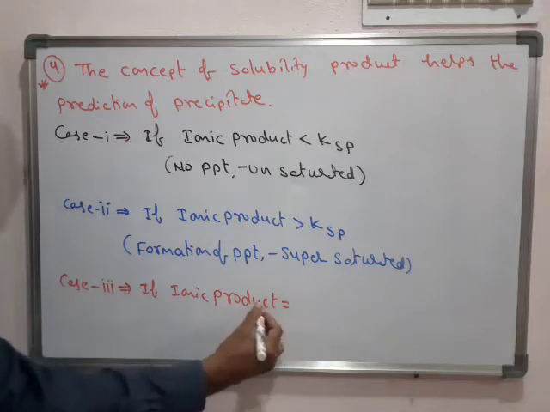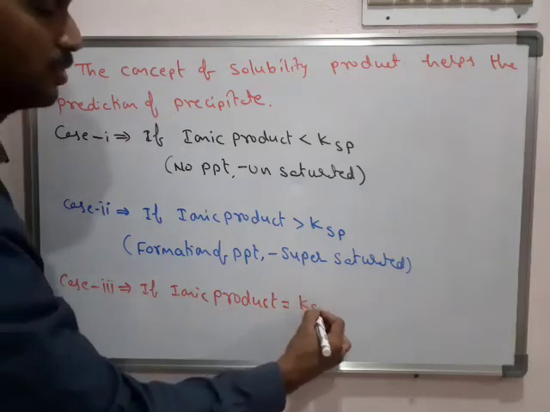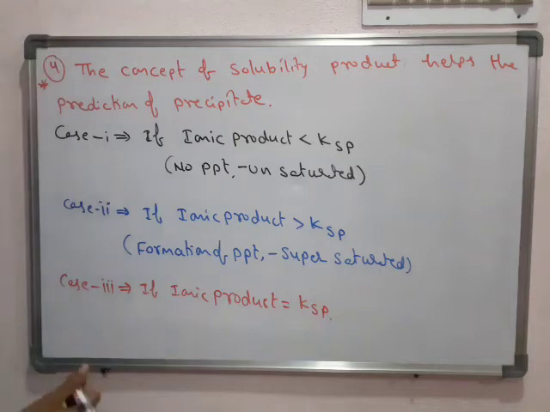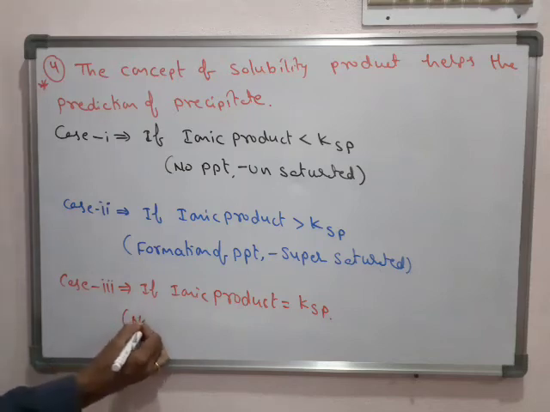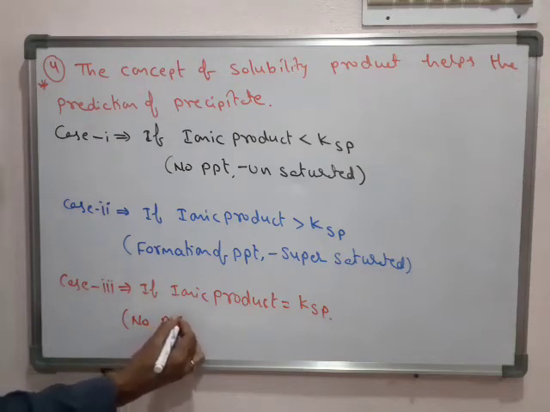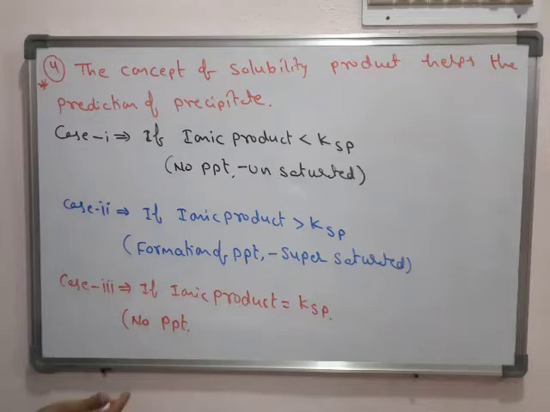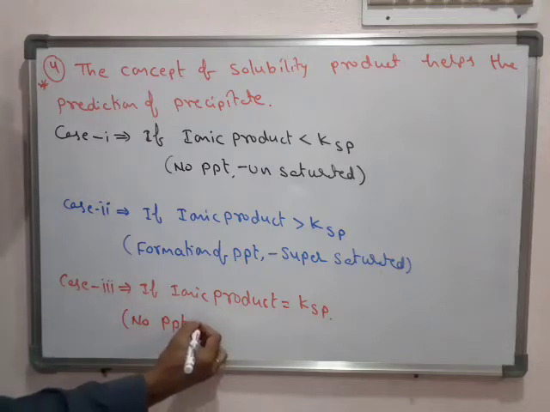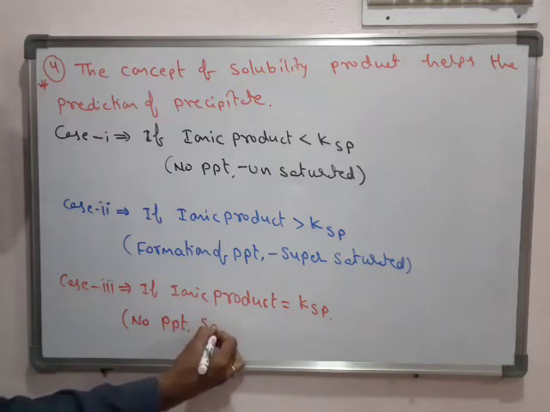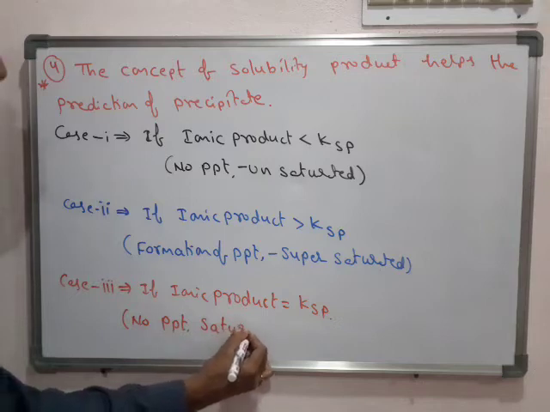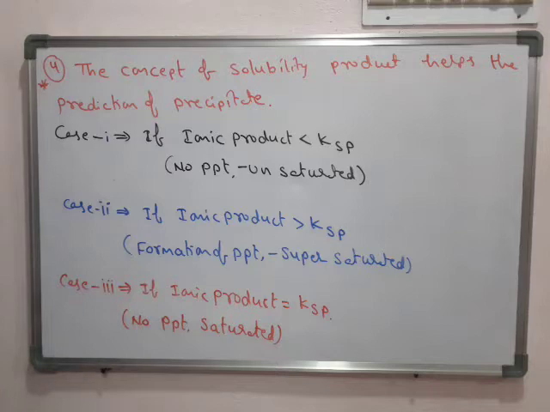If ionic product is exactly equal to solubility product, it is known as saturated solution. There is also no PPT formed. A perfect dissolve అయిపోయింది, extra amount ఫామ్ అవ్వలేదు, so there is no precipitation formed. It is known as saturated solution.